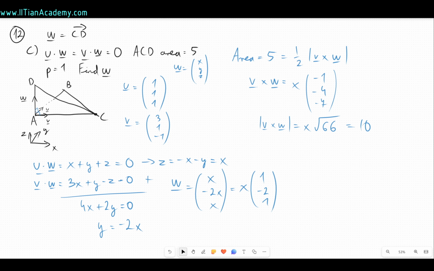So this is equal to 10, and we can solve for x. We find that x is 1.23, and we just multiply over here to find the coordinates of w. This should be a minus, obviously. This is 1.23. All right, so that is how you solve this last question.